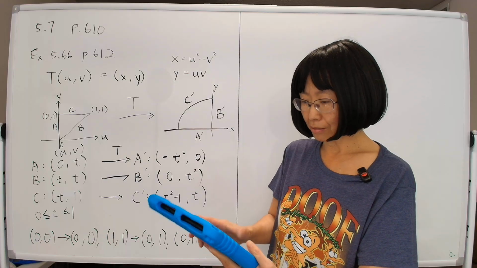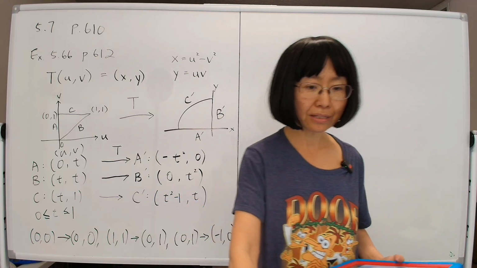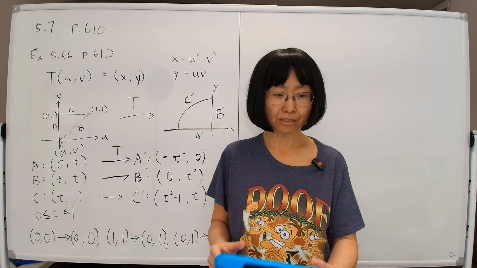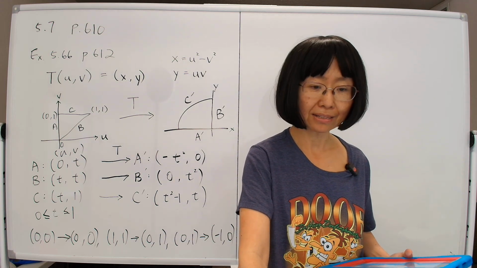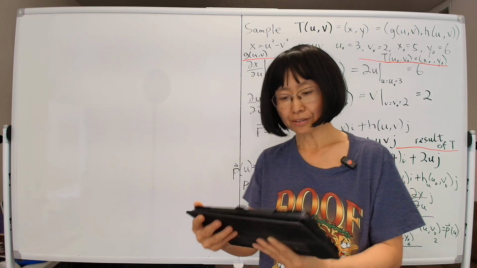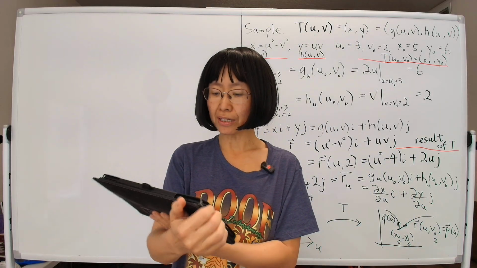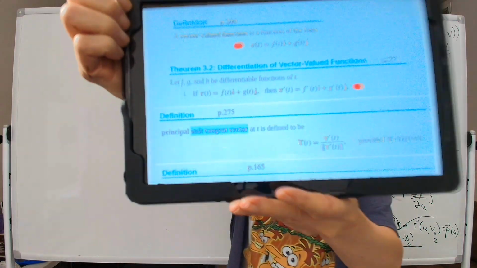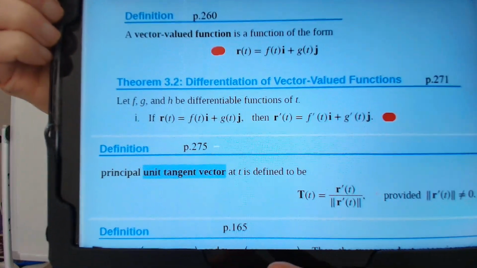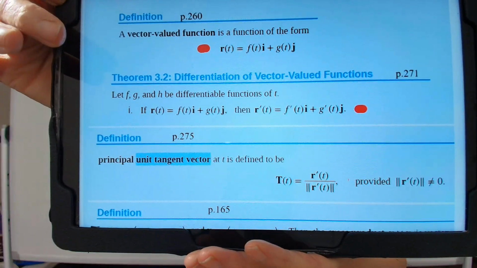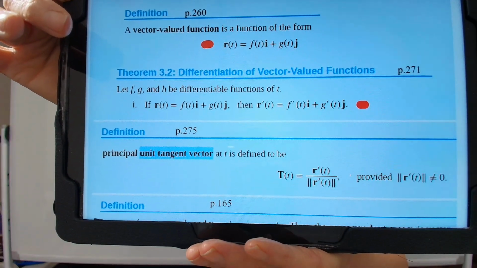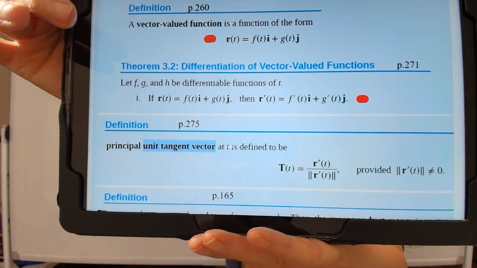But before we talk about the Jacobian, I want to remind you of some formulas and theorems that we had in the past. To review some of the vector qualities that you might have forgotten, a vector-valued function is a function where r of t, the vector, is f(t)i in the i direction and g(t)j.